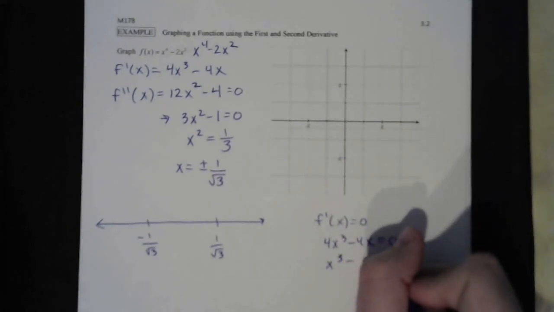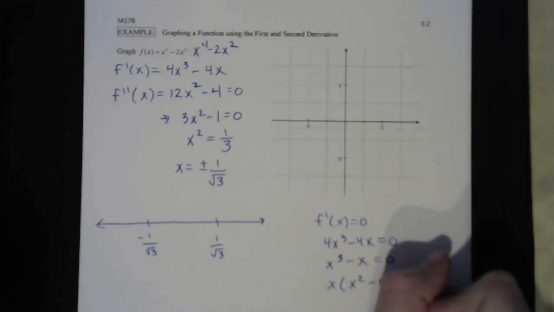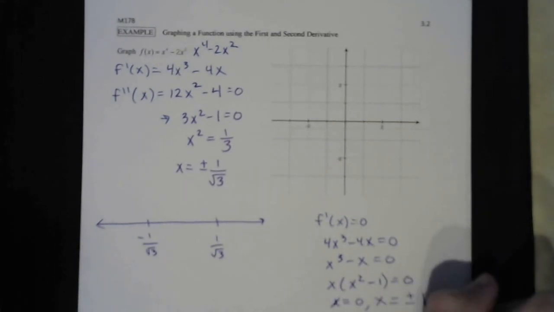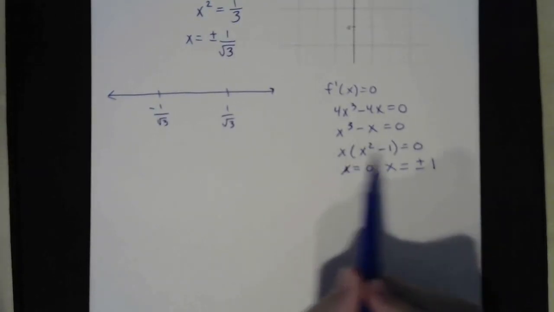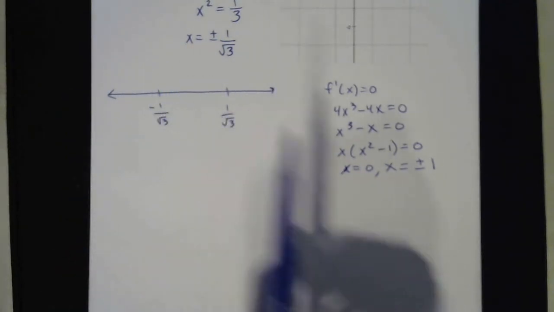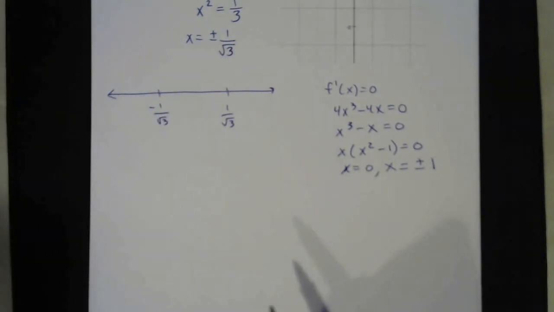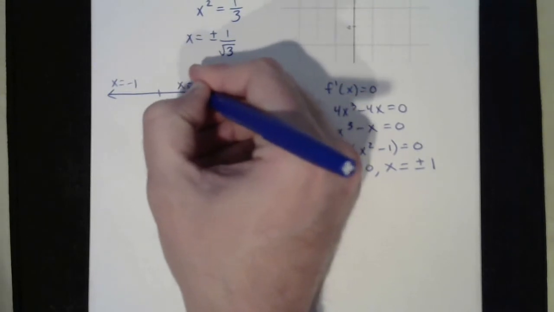Divide by 4, x cubed minus x equals 0. x times x squared minus 1 equals 0. This gives us x equals 0 and x equals plus or minus 1. If we do this first, this gives us good points to test, because since we're graphing, it'll be good to know where our maxes and mins are. So I want x equals -1, x equals 0, and x equals 1.